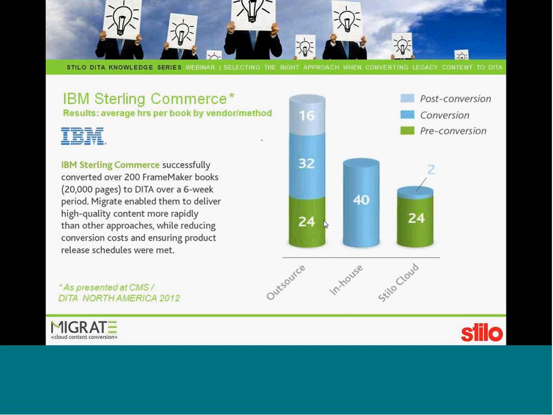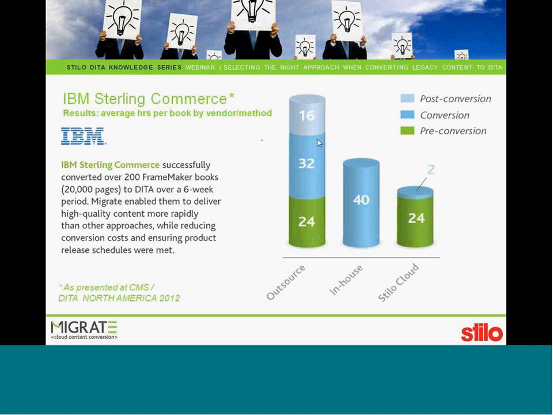Here, what we're showing is that in the case of outsourcing, they were still taking 24 hours per book on average in pre-prep work. They were taking 32 hours to convert content, and this would be going back and forth, and they still had cleanup to do at the end. So these are their metrics.